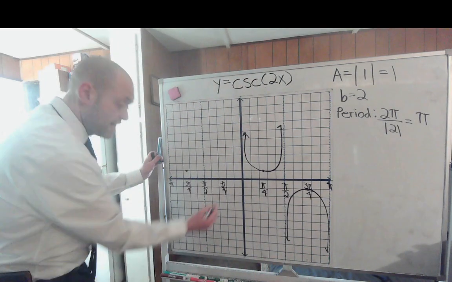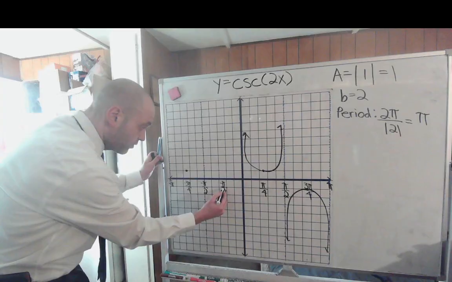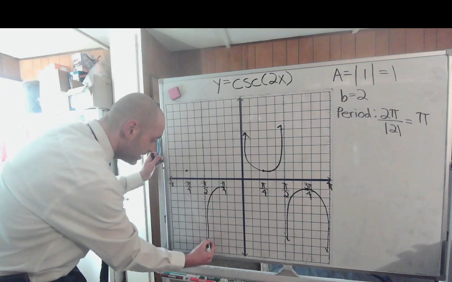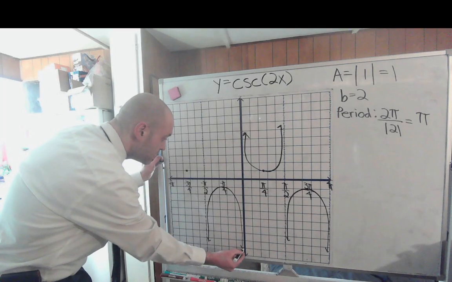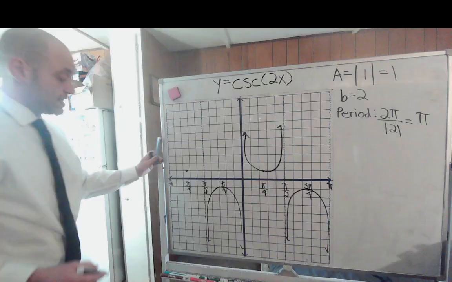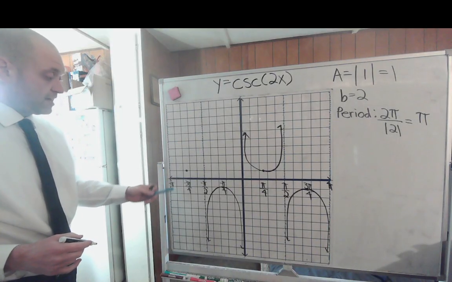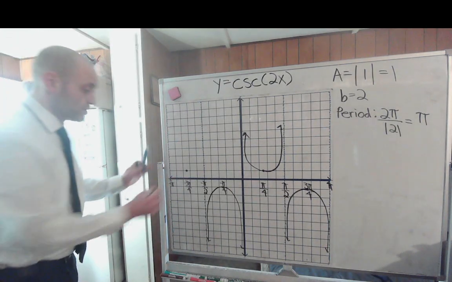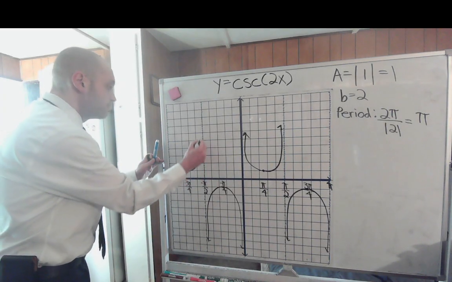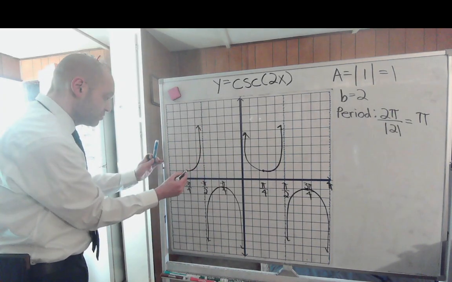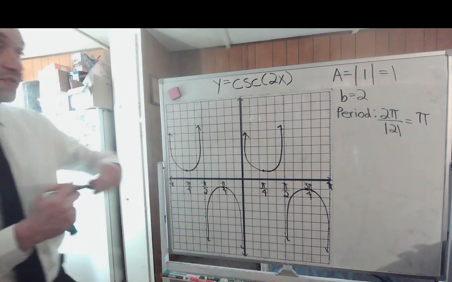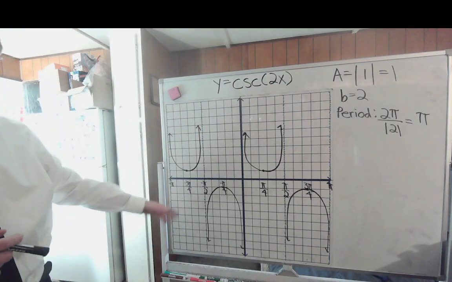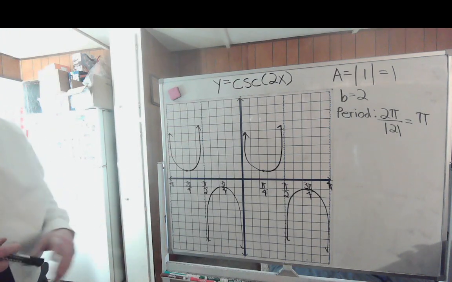Then you have a negative 1 at negative pi over 4, so your curve goes down like this. And then you have negative 3 pi over 4 where it's positive 1, so it'll go up like this against your asymptotes. And there is the graph of the cosecant of 2x with all the respective asymptotes.